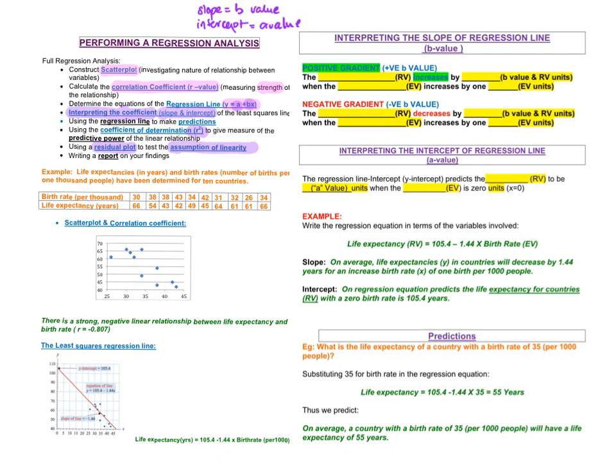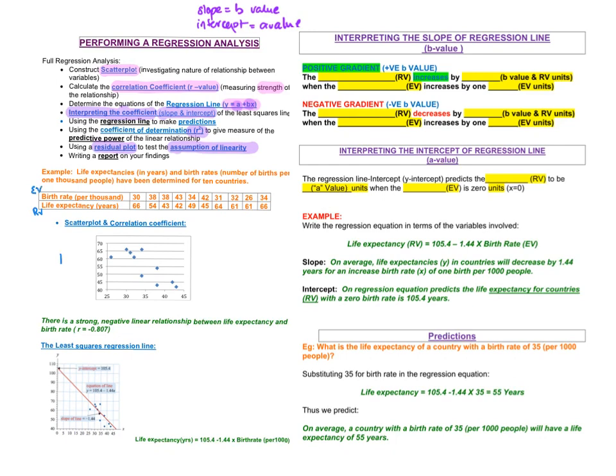So let's go through this example here. It says life expectancy in years and birth rates with the number of births per 1,000 people have been determined for 10 countries. We would probably predict life expectancy, so life expectancy will be the response variable and birth rate will be the explanatory variable.